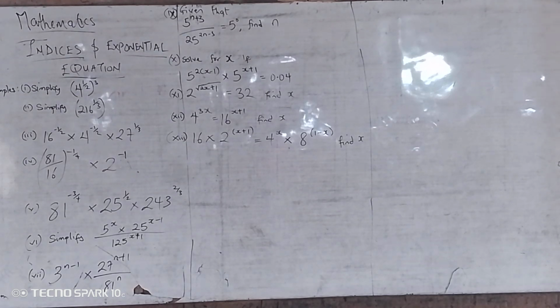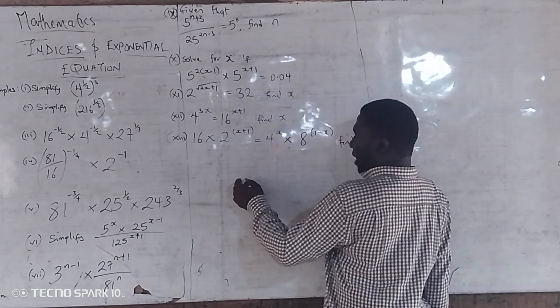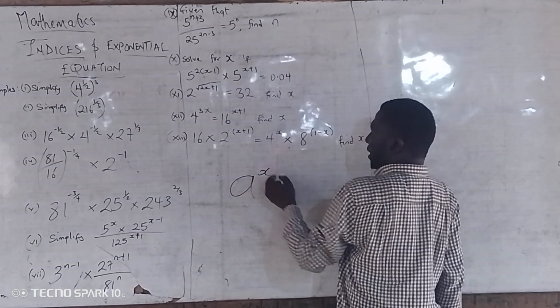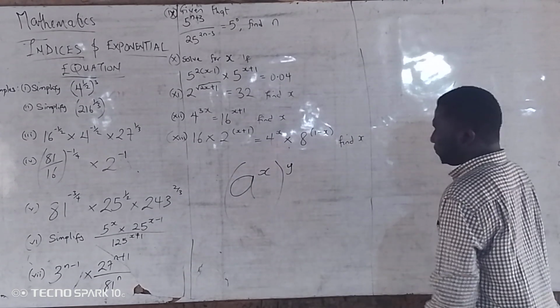All right, so in the first video, there are some of the laws, although they may not be so essential, but of course they are also good to know. So I didn't include this other law that says that a to the power of x, then to the power of y.